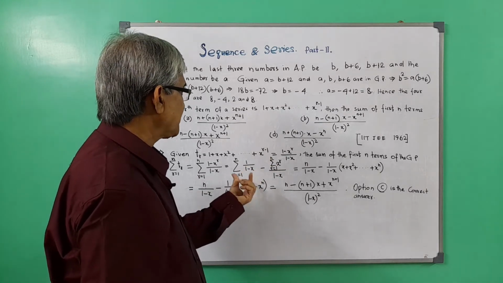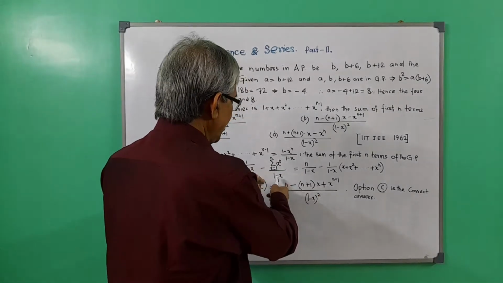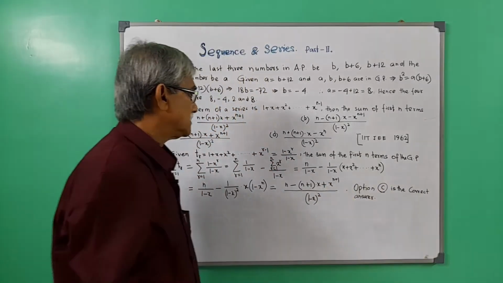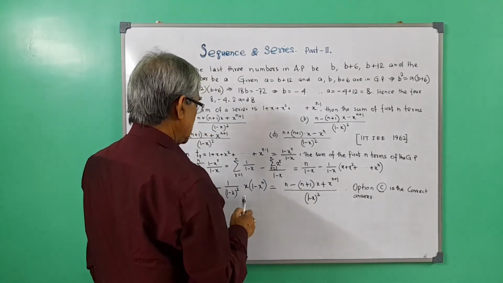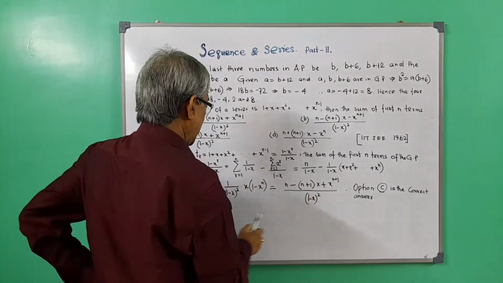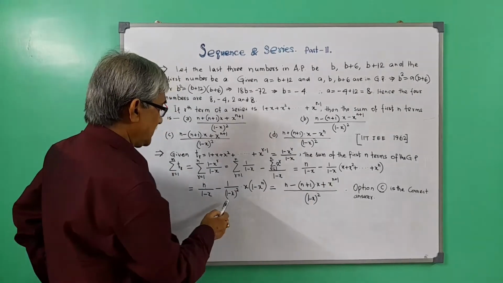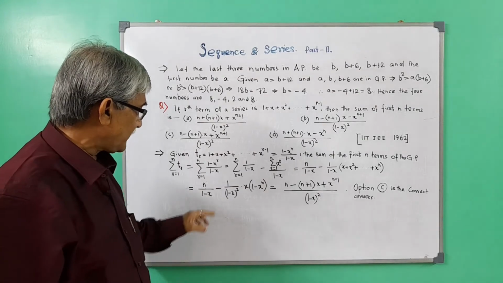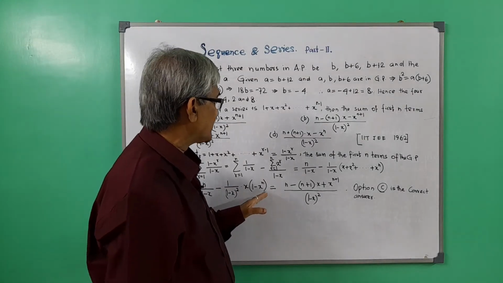Now the first term has been added n times, so that will be n by 1 minus x, minus 1 by 1 minus x into the sum of this series, and that equals x into 1 minus x to the power n by 1 minus x. That multiplies with this, so it becomes 1 minus x square. So the sum is n by 1 minus x minus 1 by 1 minus x square, whole into x into 1 minus x to the power n.